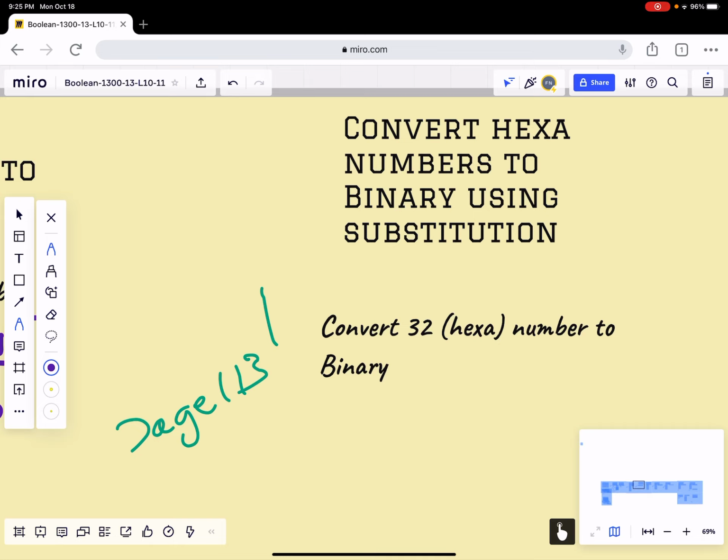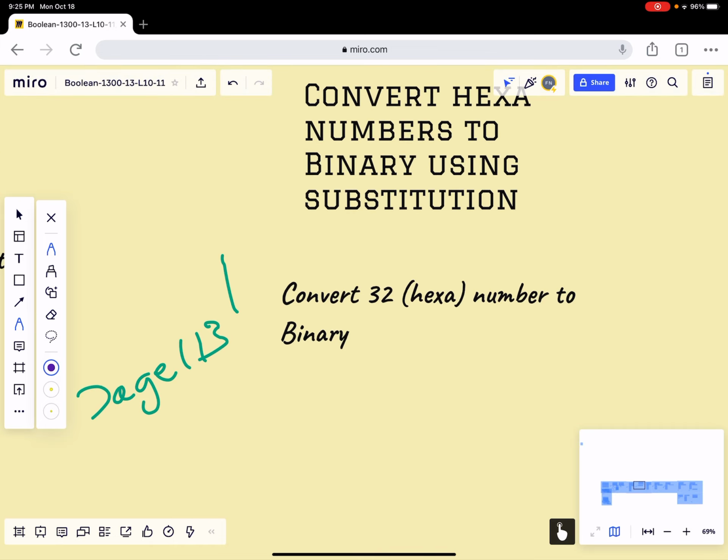Because it's hexadecimal, you have to use 4 digits to represent the 16 digits in the hexadecimal system. So I'm going to write out 32.